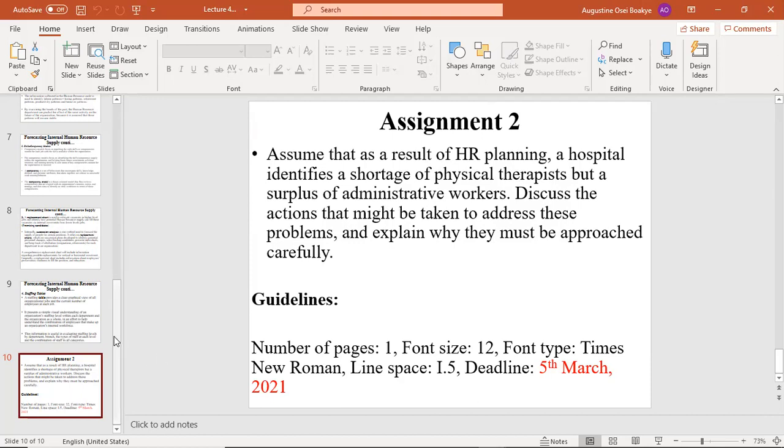And quickly, let me try and understand something. The initial assignment I gave to you, I think the question read like this: human resource planning process is a continuous managerial activity, but not a one-time activity.